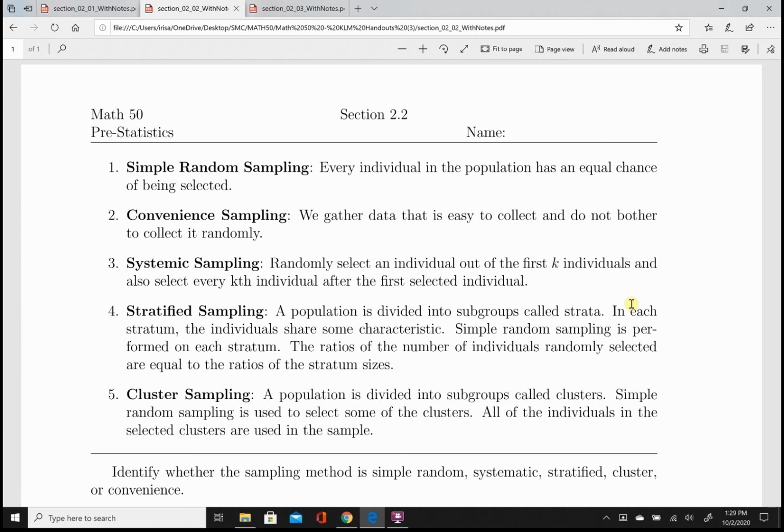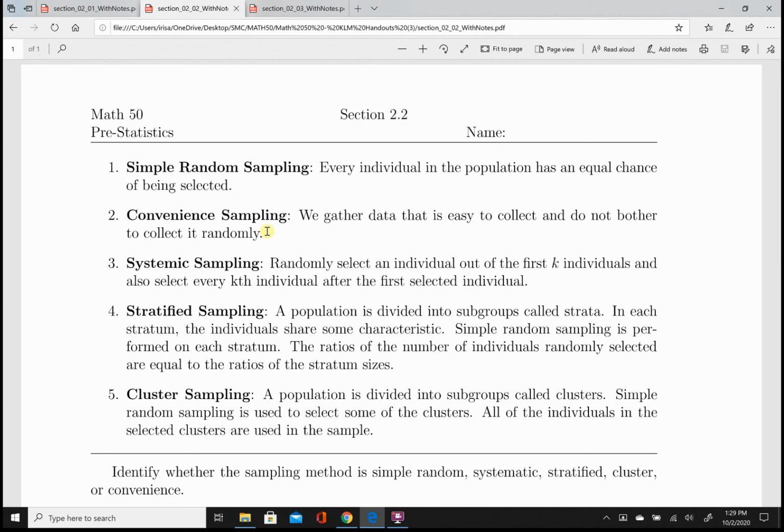Okay, so first let's define simple random sampling, which we did define earlier at the end of 2.1, and which is redefined here. Every individual in the population has an equal chance of being selected, far more concise than what I presented straight from the textbook. The next type of sampling method is called convenience sampling. This is the one that has the most bias, spoiler alert.